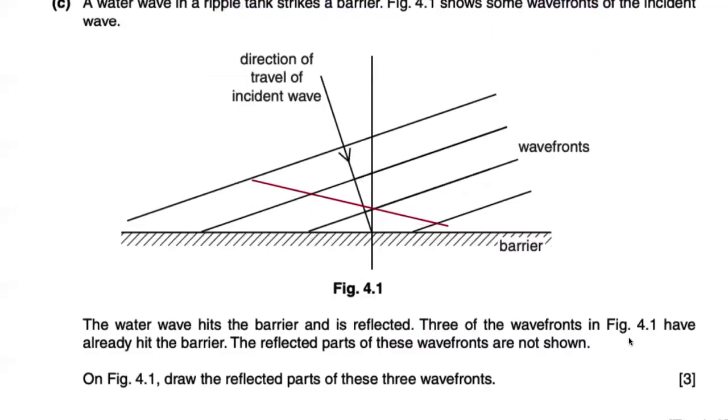Again, basically the idea that I've used here is this. This is not something that the examiner gives marks on. I am skilled enough to do it without this, but if you feel a bit skeptical, you can do this. That if this is the direction of the incident wave, the direction of the reflected wave is at the same angle with the normal. This that I've drawn here is the normal. And this is the direction of the reflected wave that I have here.